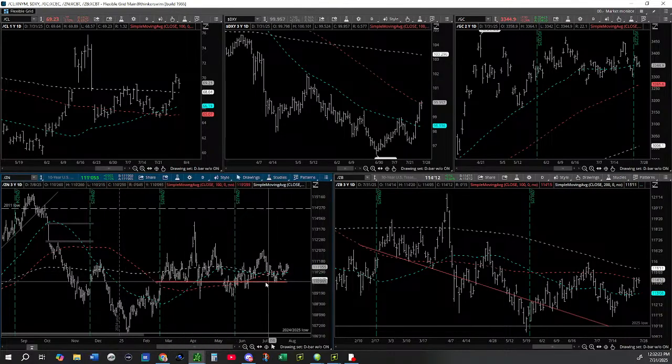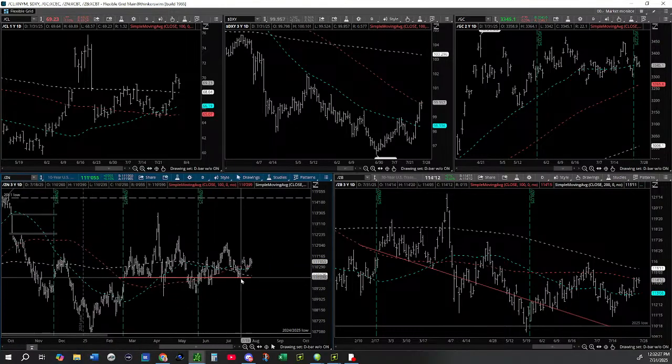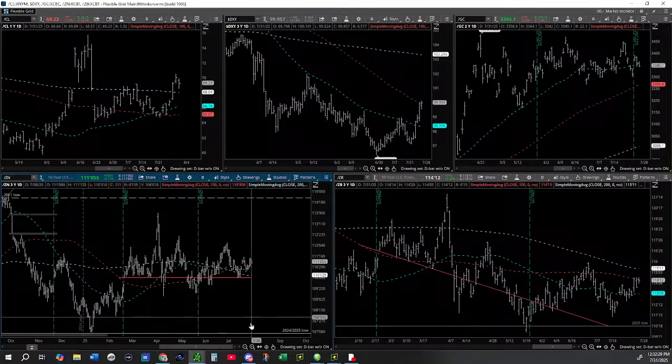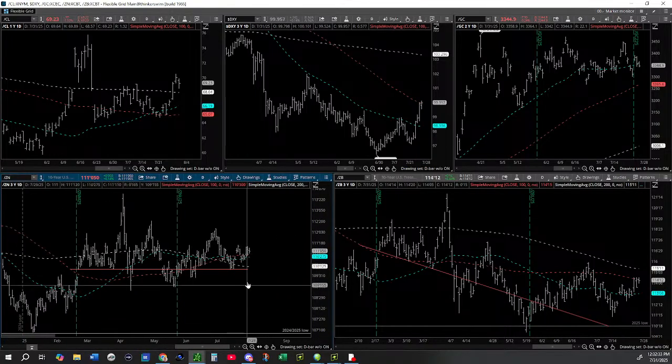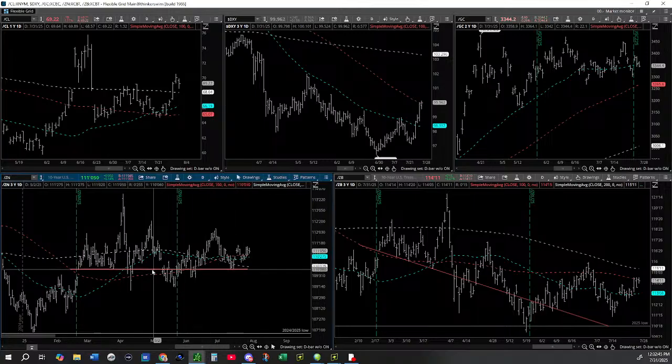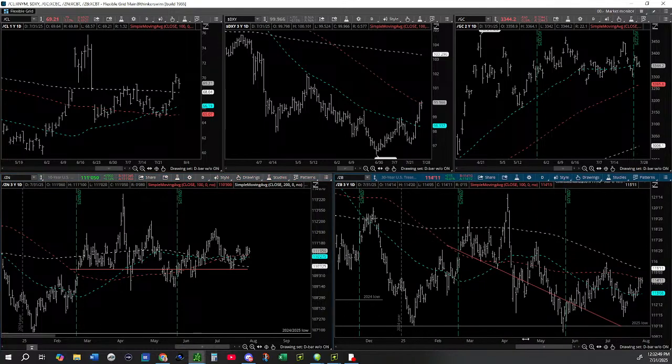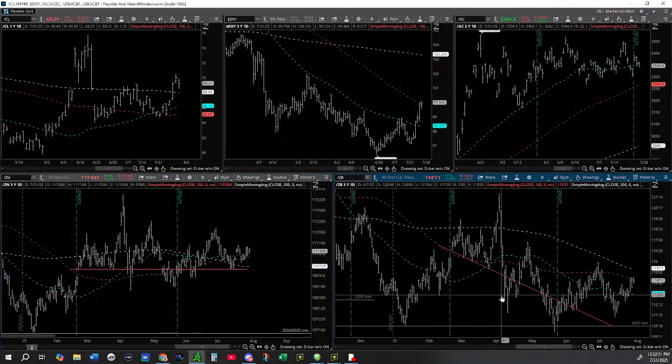This low is very questionable, right? But I wouldn't be surprised if this is used as a jumping pad for a rally. But right now, as we speak, just notice what's happening here. This is the 10 years. This is very questionable here. Breaking below this can drag the market. The 30.